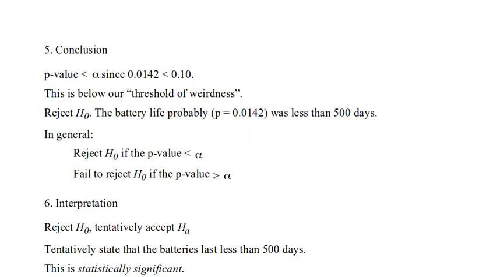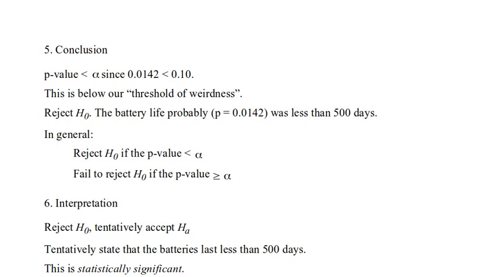Now, we're not done. We still have 2 more steps. We have to have our conclusion in statistical terms and our interpretation in English terms. So our p-value is less than alpha, since 1.42% is less than 10%. So this is below our threshold of weirdness. So we would accept anything up to 10%.